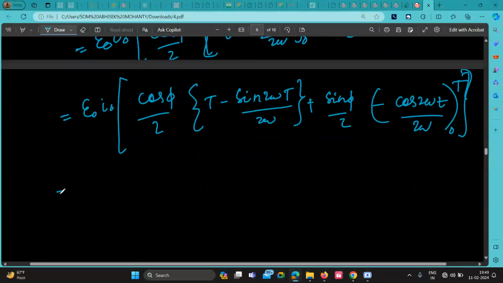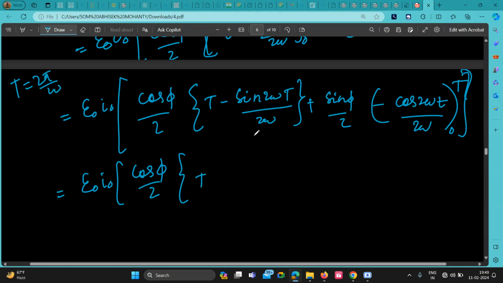Okay. So now there is E naught I naught cos phi by 2. See, one thing we know: T is equal to 2 pi by omega. Just put it only here: sine 2 omega into 2 pi by omega, all divided by 2 omega.